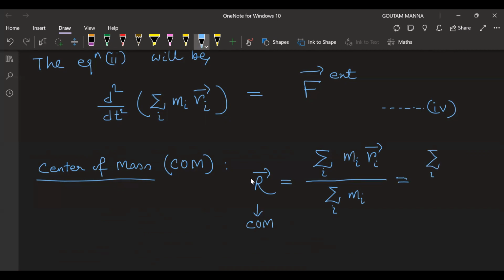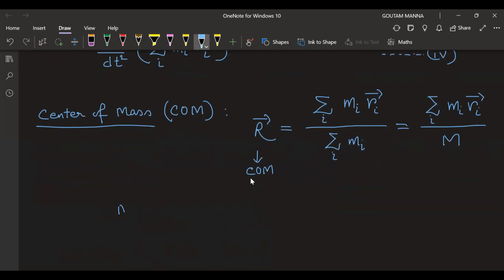Then we can write the sum over all mi as capital M. This is the total mass. M is the total mass of all the particles present in the system.